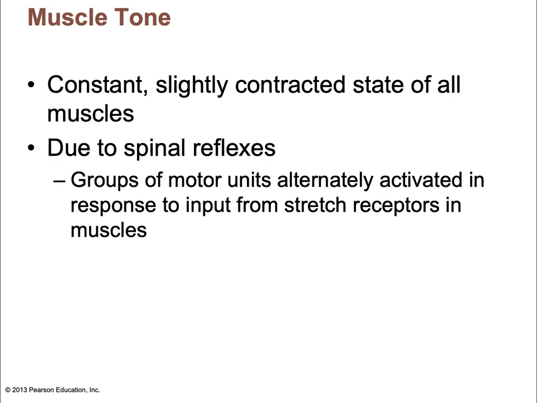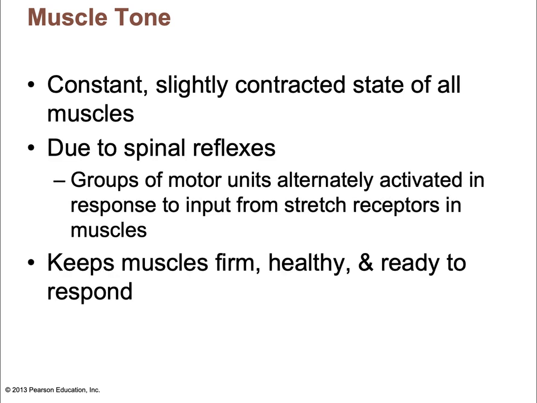Muscle tone is basically a spinal reflex that keeps a slightly contracted state in all muscles, even when you're not really consciously doing movement. Okay, what happens here is that there are receptors inside the muscle tissue and in the tendons that respond to stretch. When the stretching is too great on the tendon or on the muscle fiber, it'll send a signal to the spinal cord to counteract that, right?